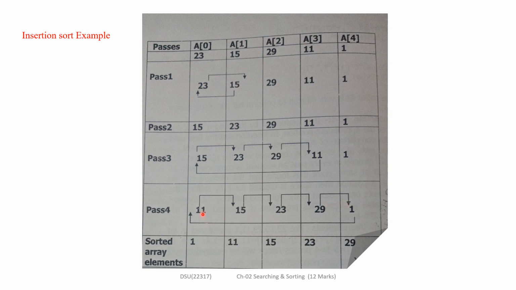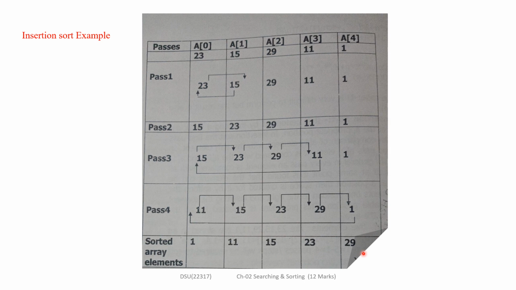As 11 is greater than 1, we can place the 1 at the a of 0th place and all of the elements are shifted to the right. Then we will get the sorted list: 1, 11, 15, 23 and 29.